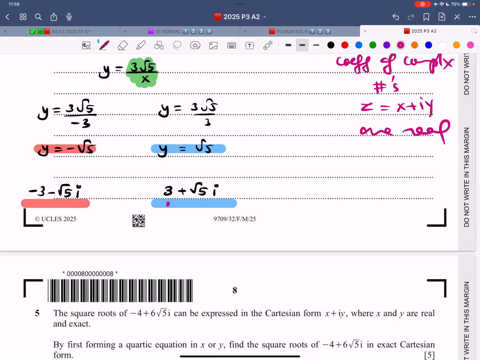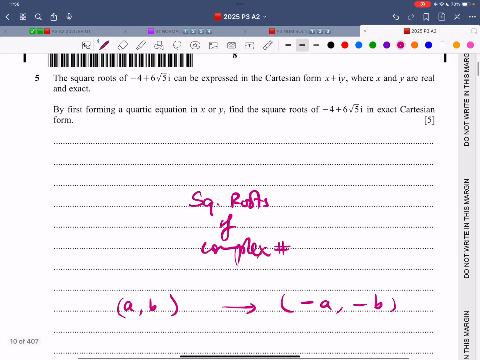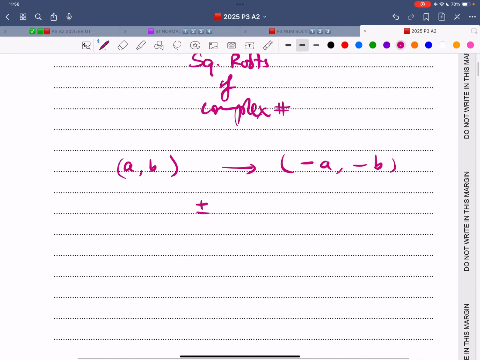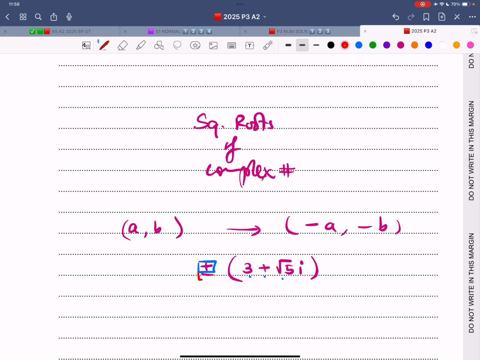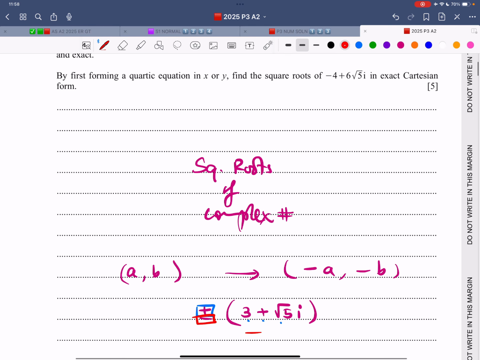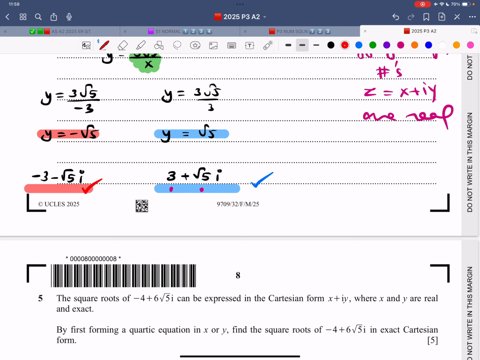This is like a and b. This is minus of the same thing. So that's why in the mark scheme, they also write it like this. This is plus minus 3 plus root 5i. That means if I open it up with a plus sign, I get 3 plus root 5i, and if I open it up with a negative sign, that would be minus 3 minus root 5i.